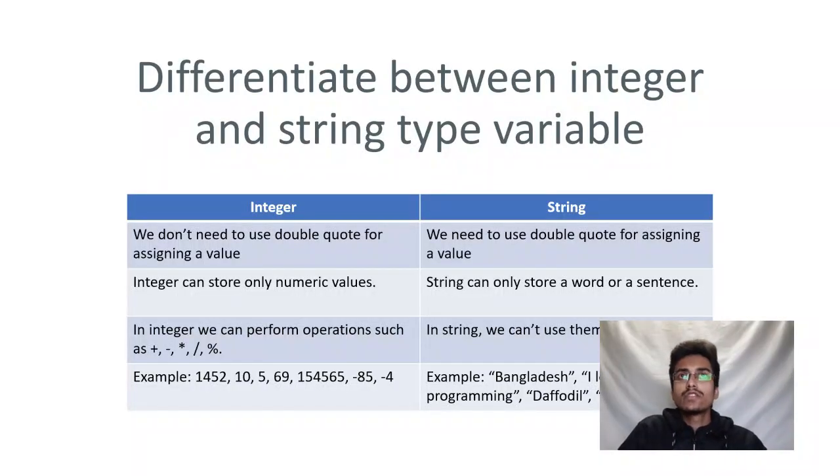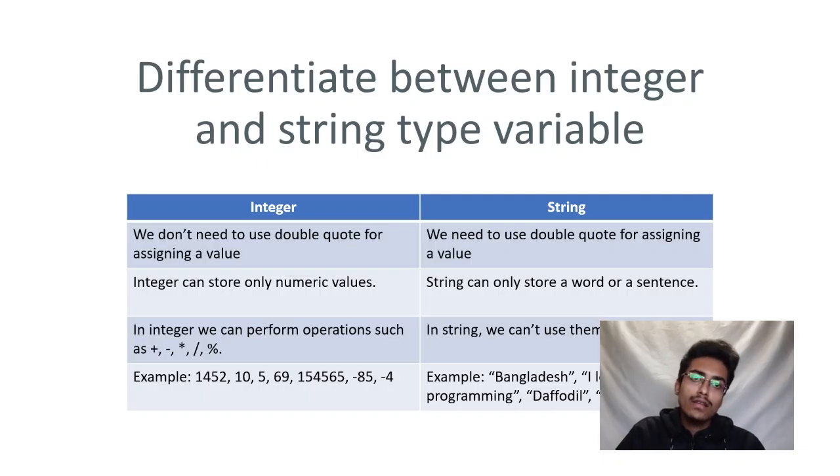Now, what's the difference between integer type variable and string type variable? There are some differences. The first one is when we assign a value in an integer variable, we don't need to use double quotes, but in a string we have to use double quotes to assign a value.